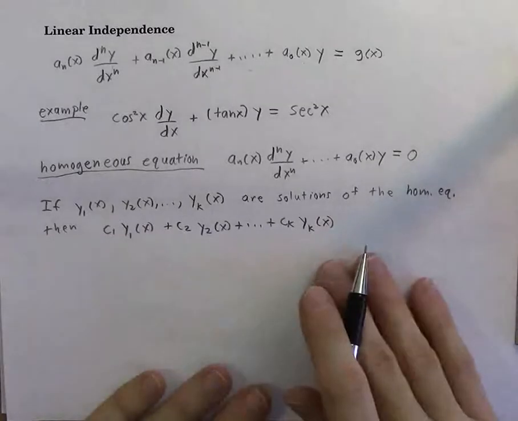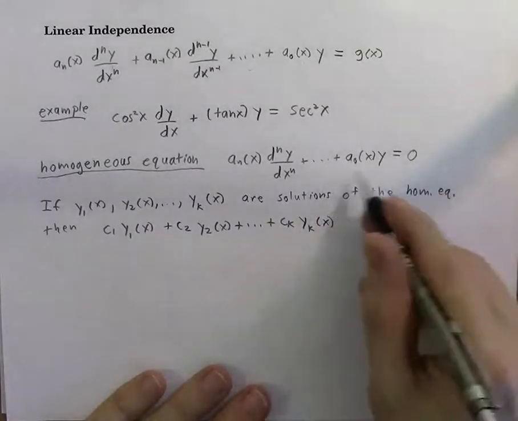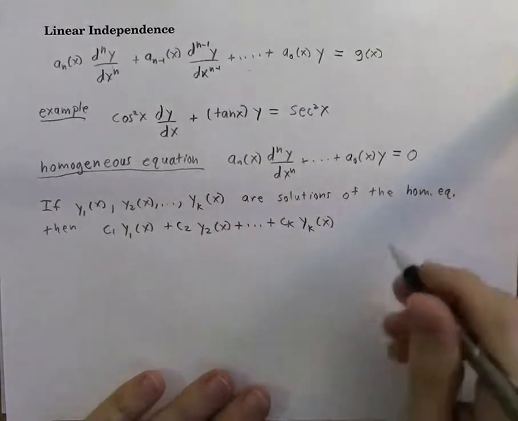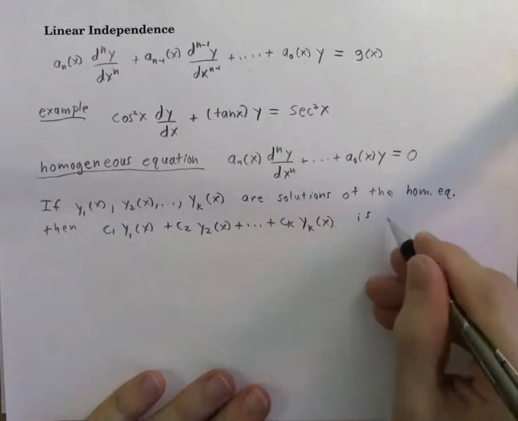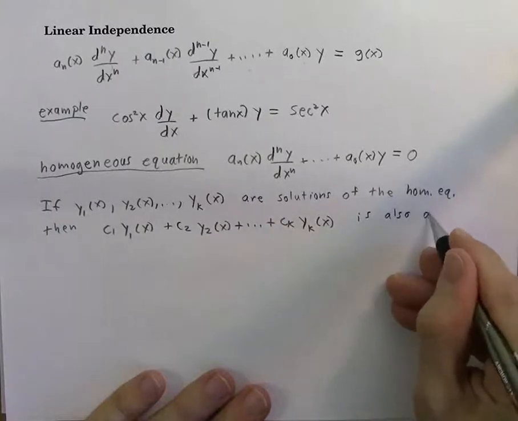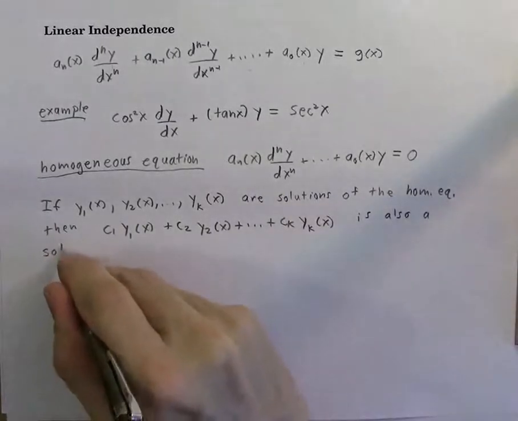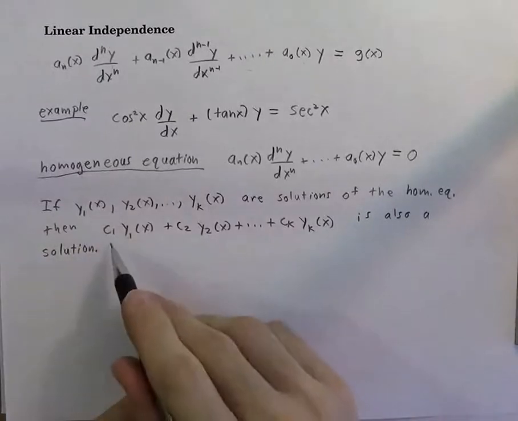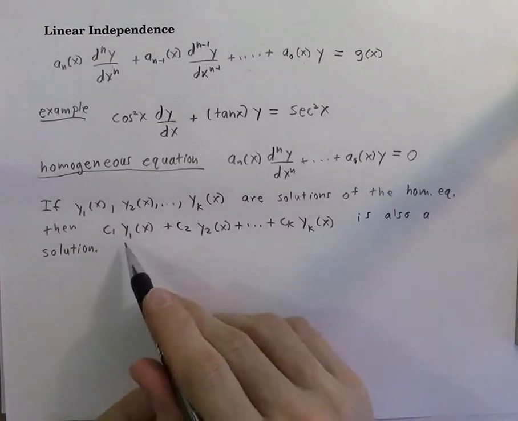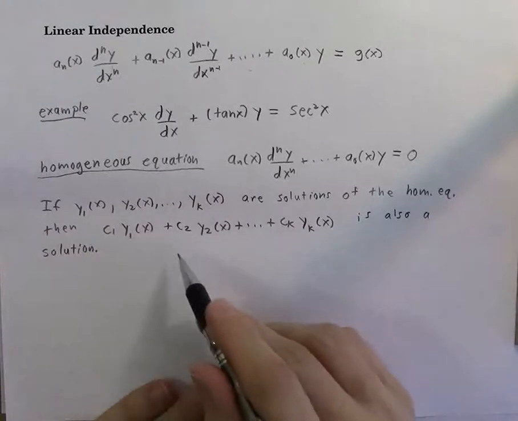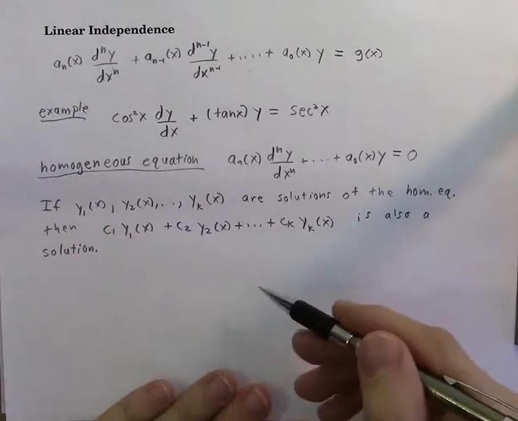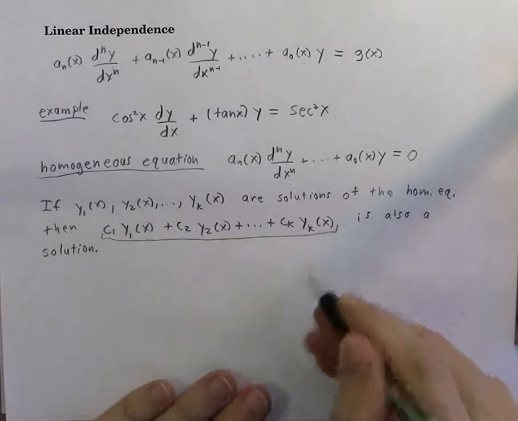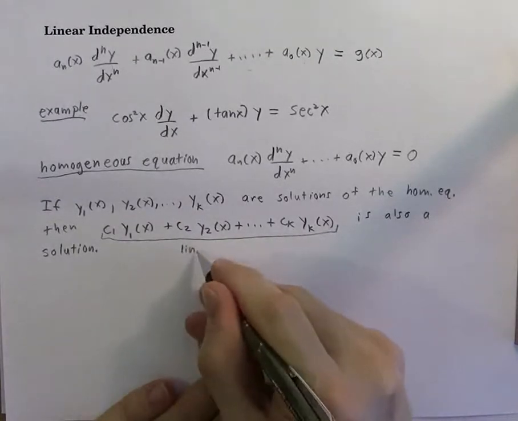Then this is also a solution of the homogeneous linear differential equation. Now what we've done here is formed a new solution which is known as a linear combination of the existing solutions. So that'll be an important idea for us in this chapter.